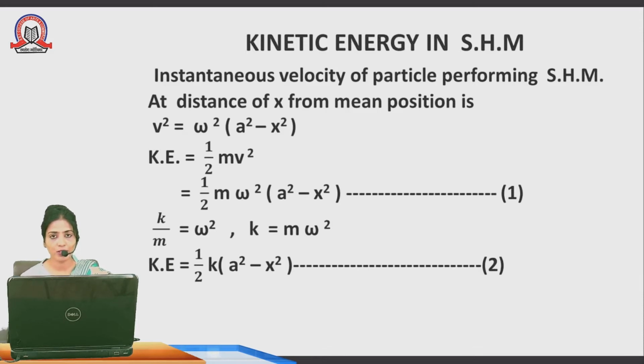Instantaneous velocity of a particle performing SHM at a distance x from mean position is v square equals omega square in bracket a square minus x square. Dear students, first of all we have to calculate the kinetic energy, so we have to know the value of v in simple harmonic motion.